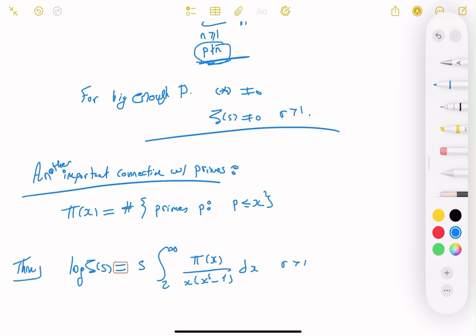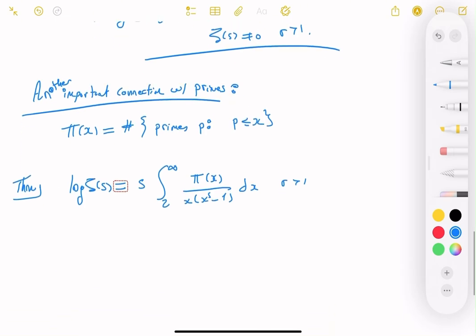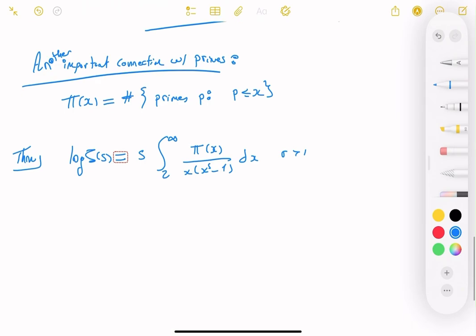But first things first, I need to tell you what log zeta is. So here, without getting too much into the technicalities, here's what you can do. Here's a proof, but inside the proof we're going to define what log zeta is.